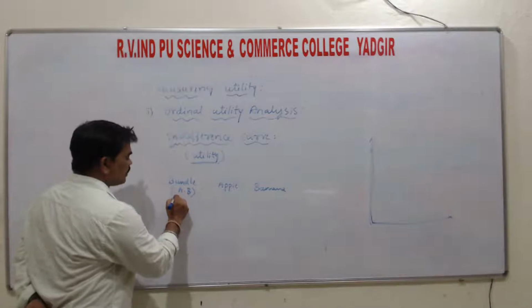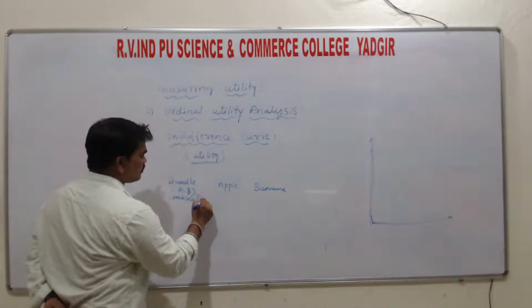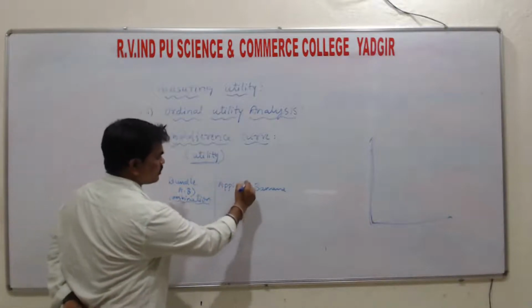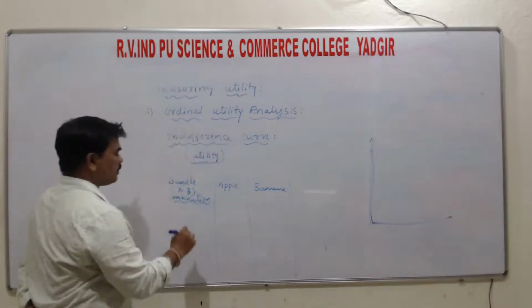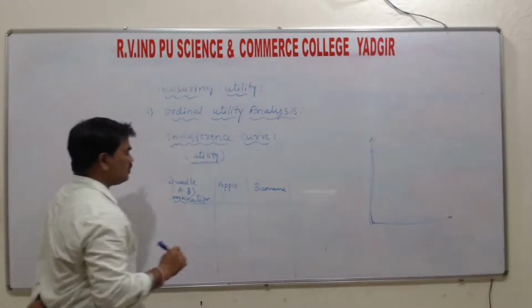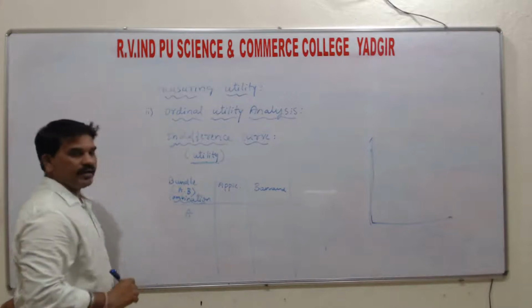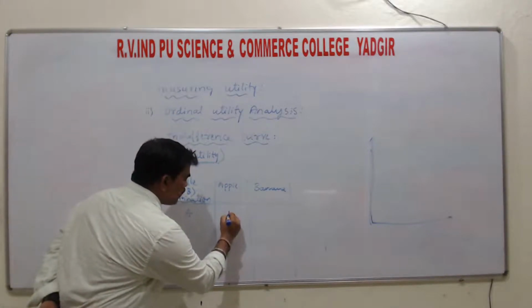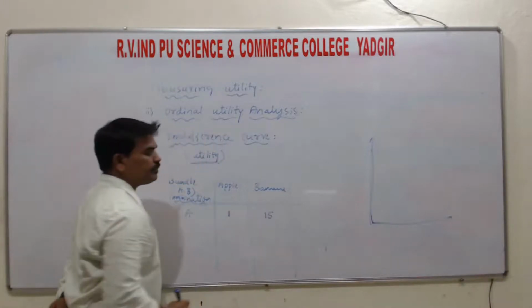So here this is a combination. Now we will consider the first combination, combination A, where he can consume 1 apple and 15 bananas.